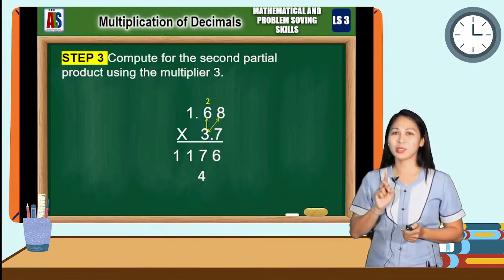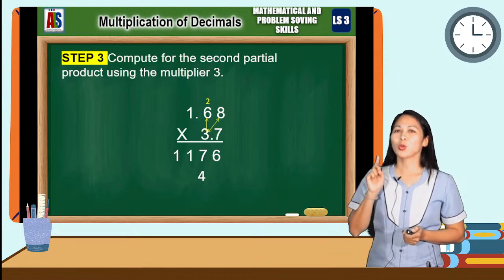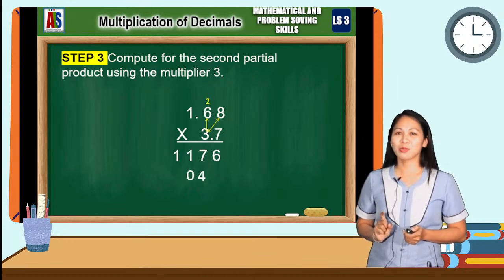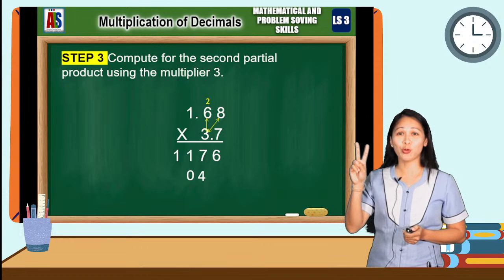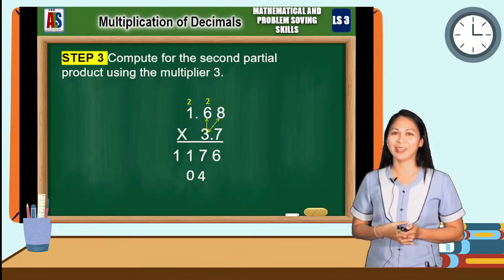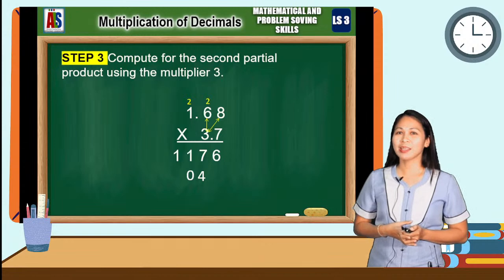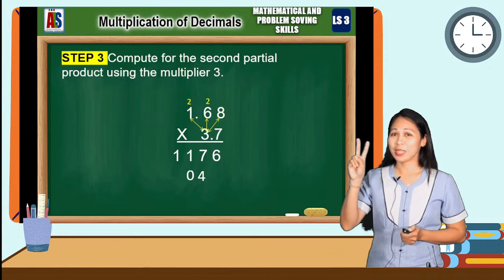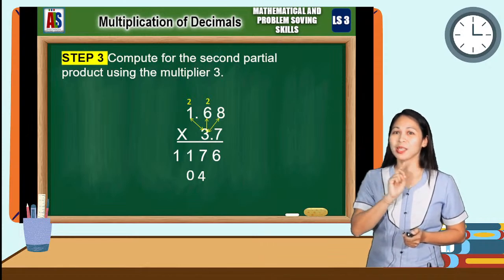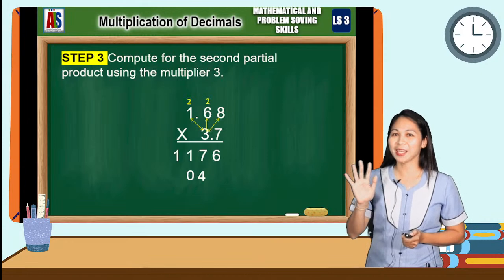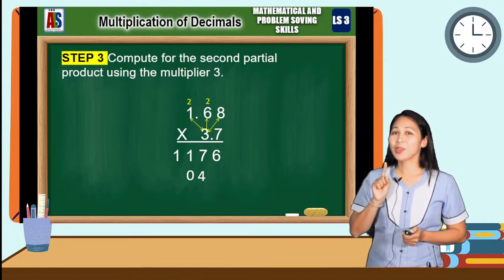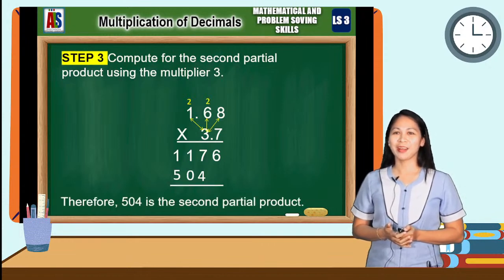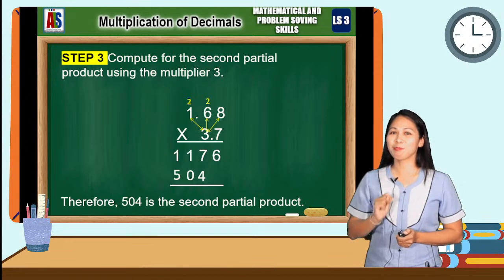So, 18 plus 2 is equal to 20. Write 0 below 1 in the first partial product and regroup 2 above 1 in the multiplicand. Now, multiply 3 times 1 is equal to 3. Add 2, that was regrouped. So, 3 plus 2 is equal to 5. Write 5 in the other digit of 1 in the first partial product. Therefore, 504 is the second partial product.